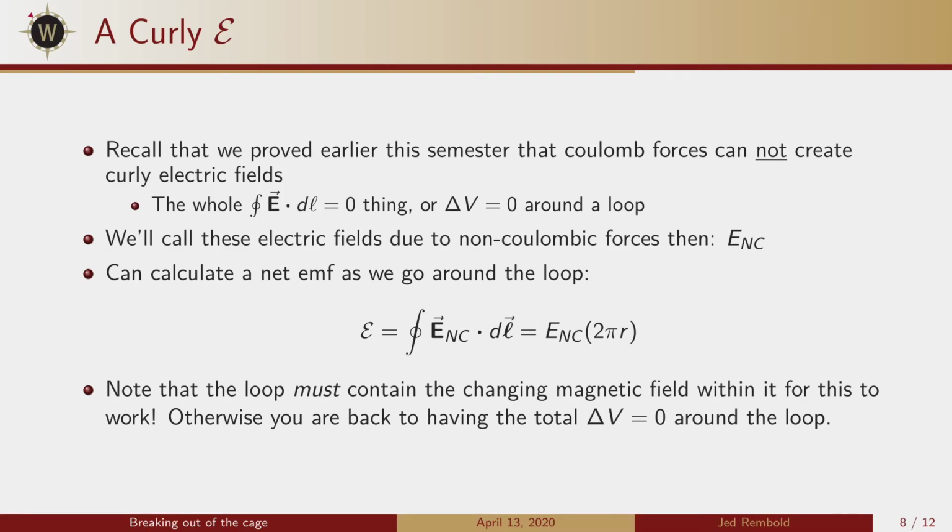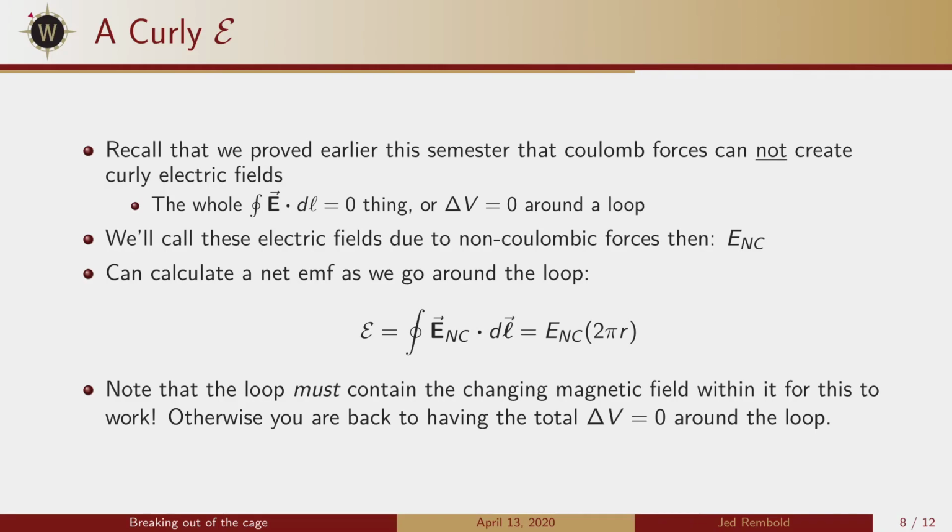That was our whole idea behind how we analyze circuits and all these sorts of things. So when we're thinking of these curling electric fields, it's probably going to be useful to distinguish them from the electric fields we get from just stationary charges sitting there. And so we'll call these the non-Coulombic electric fields, or NCs.